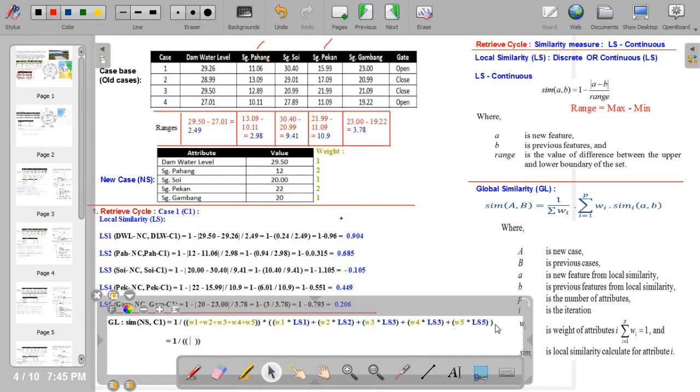So here, what is the value of W1? It is 1. W1, meaning this one, the value for the first attribute, which is dam water, has a value of 1.